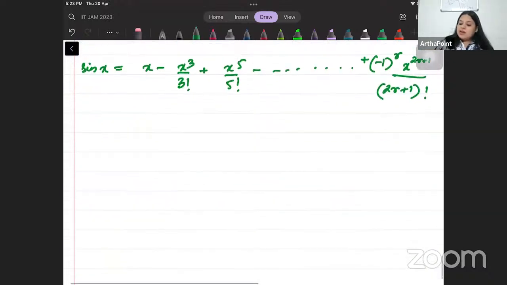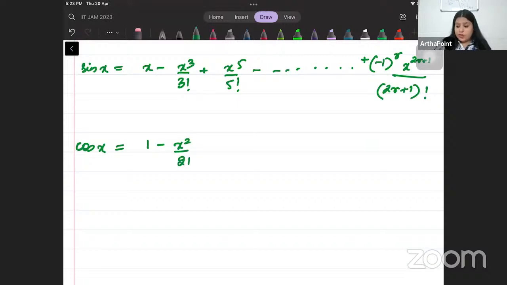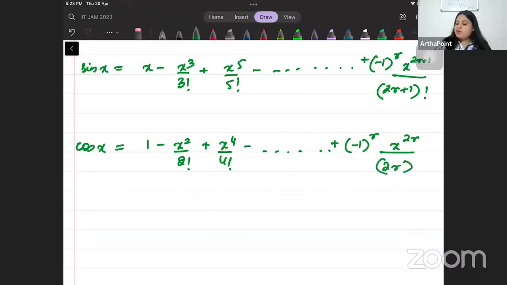Okay? Similarly, for cos x, it will be 1 minus x square by 2 factorial plus x to the power 4 by 4 factorial minus, it keeps going on, plus minus 1 to the power r x to the power 2r upon 2r factorial. So these are general things. Once you see it, you will remember it for life.